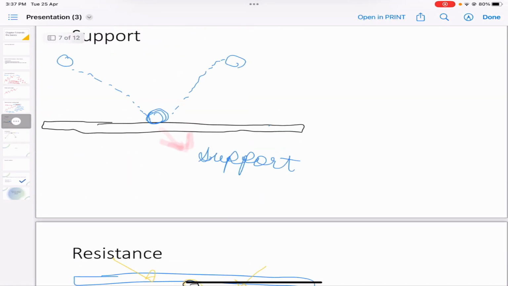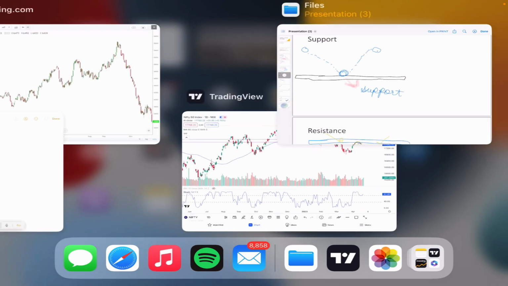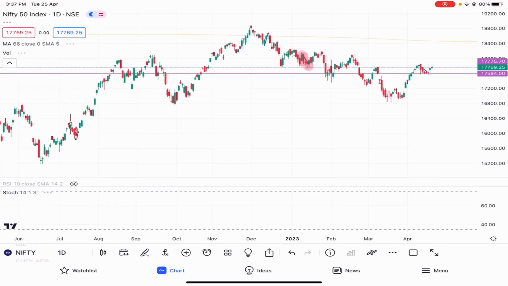I hope you are clear with the concept. Now how am I going to find that? When prices have been rising and then reversed downward, the highest point in the rise, the peak, is referred to as a resistance point, a level at which the advance has met with selling resistance. A resistance level. Okay, let's first see examples of this, then we will see the other things.